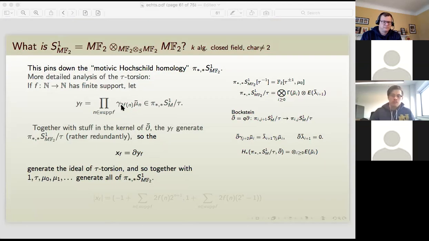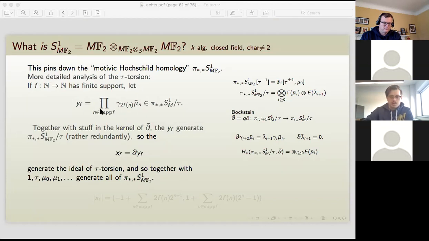Since the Bockstein is a differential, and together with things in the kernel, the y_f's generate, then the image of the boundary map of the y_f's will generate the ideal of tau torsion.